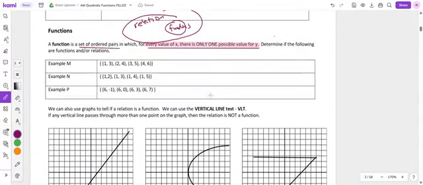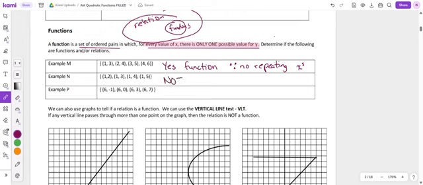So let's look at these examples and see if they are a function or not. We're looking for repeating x's. In example M, are there any repeating x's? No. So yes, it's a function, since there are no repeating x's. Second one, function or not a function?